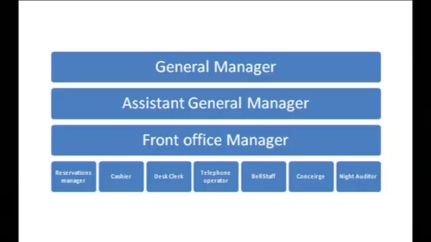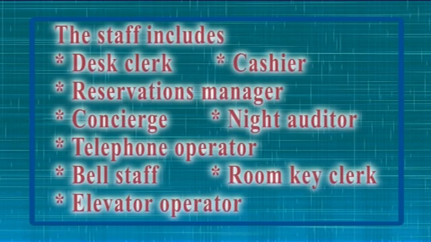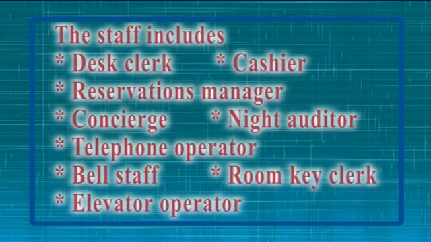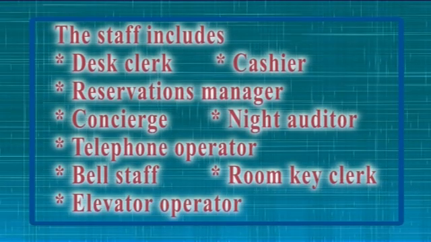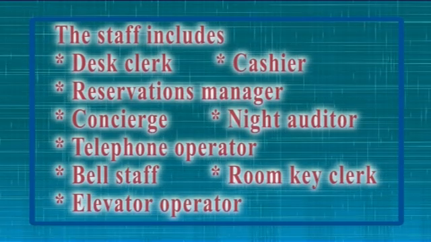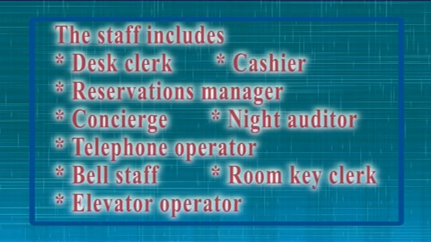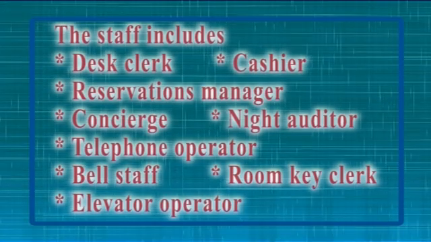The organizational structure of the front office department can be understood with the front office organizational chart. The organization chart depicts a typical organization of staff for a front office manager. The staff includes desk clerk, cashier, reservations manager, concierge, night auditor, telephone operator, bell staff, room key clerk, and elevator operator.